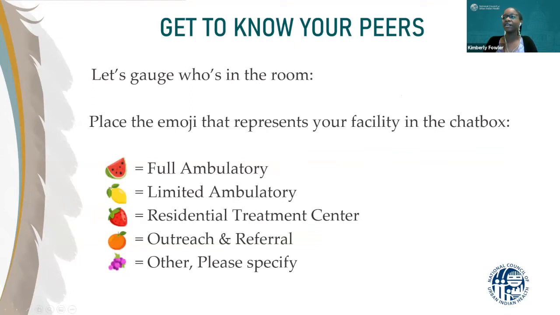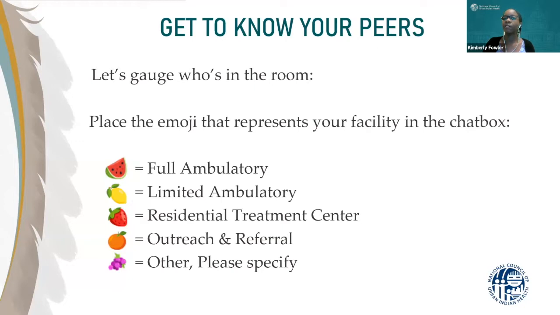To get us started, I just wanted to have us really get to know each other and who's in the room. There are some emoji categories as are listed here, and we'd love to understand what type of facility you're coming from.